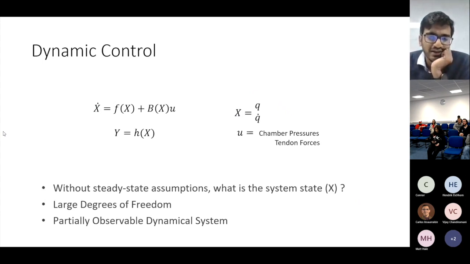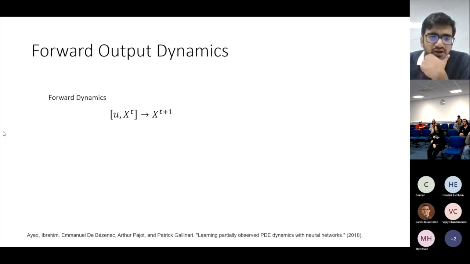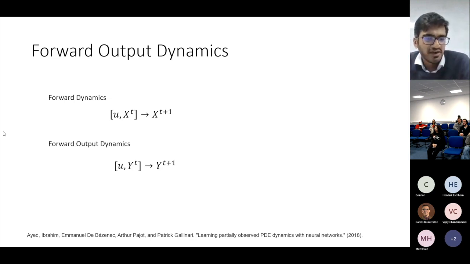So formulating the dynamics or even learning the dynamics is not very straightforward. There's a way around it, which we worked on during my PhD, which is not learning the forward dynamics per se, but learning something called the forward output dynamics. Whatever independent variable you're observing, you're trying to formulate a dynamical system or equations that would describe how these output variables evolve over time.